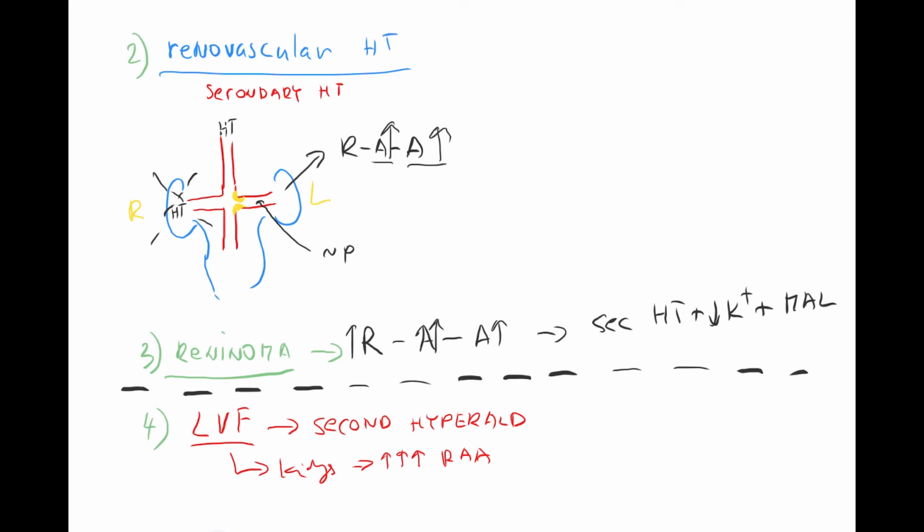When you're hypotensive, RA axis is triggered on. But unfortunately, in case of left heart failure, you don't want that, because the body is designed so that everything is functioning as it should, okay?